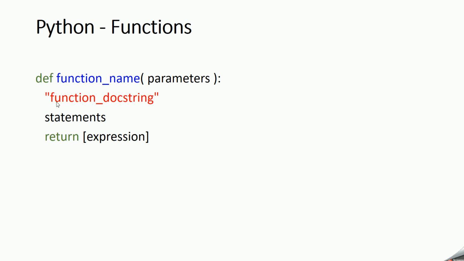And if you want to give some description for the function so that the user can read it and understand what exactly this function does, you can give some description in double quotes, and then the statements that will perform the operation, like an addition operation or simple interest calculation.